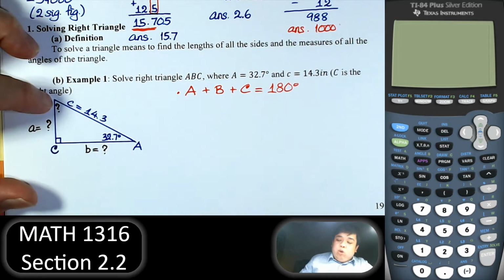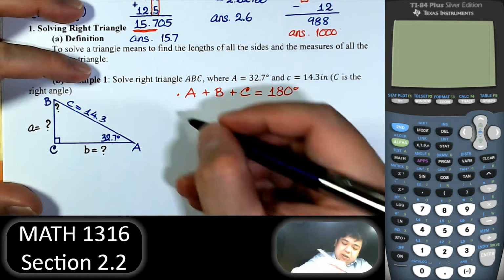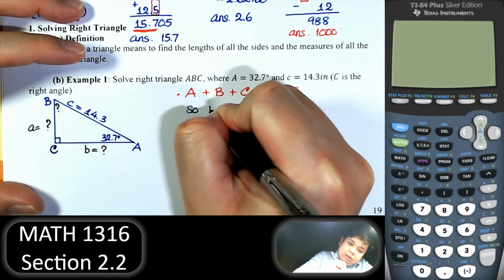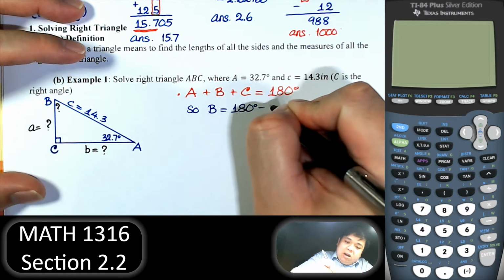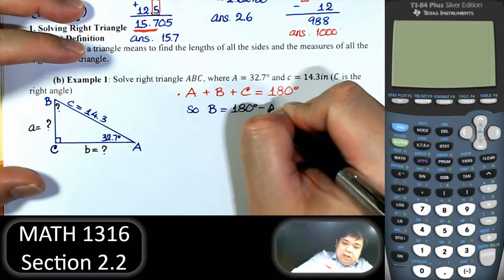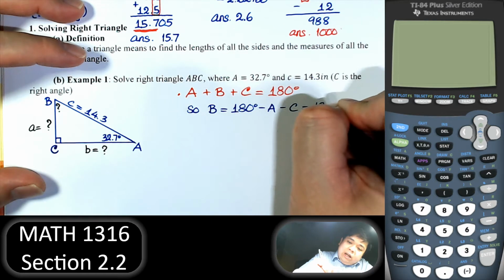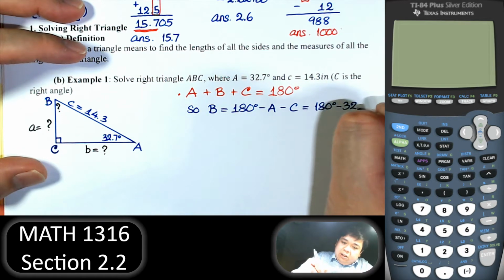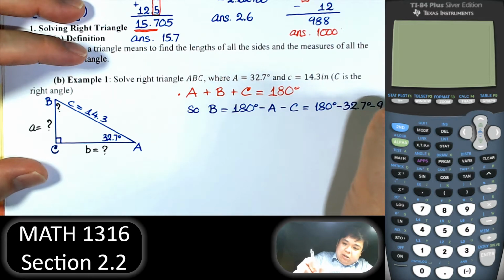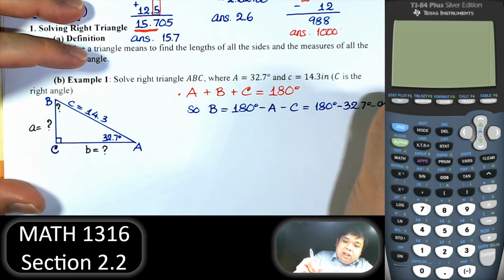So angle B will be equal to 180 minus A minus C. So 180 minus 32.7 and 90 degrees for angle C.